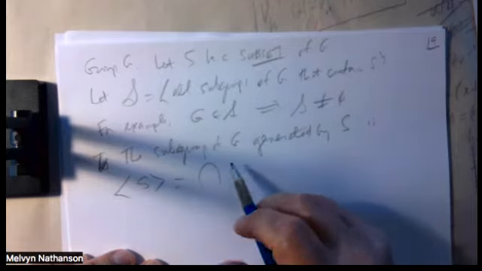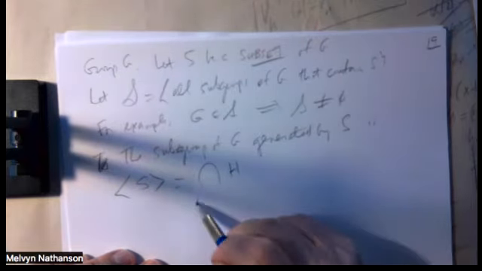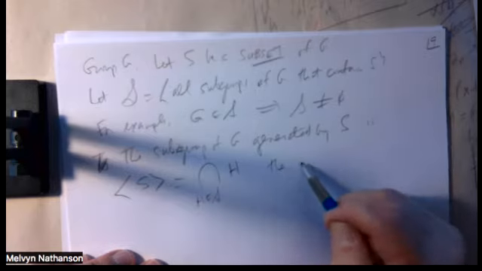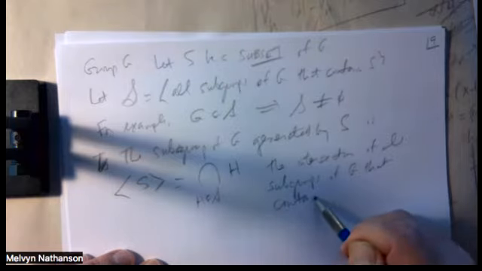So what we call the subgroup of G generated by S is, and I put it in S inside brackets, the intersection of H for all H in script S. This means this is the intersection of all subgroups of G that contain S. So we've already proved if you have any collection of subgroups of a group, the intersection is a subgroup.